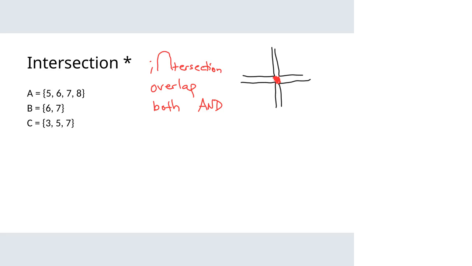So for example, if we wanted to find A intersect C, what we're looking for is, where's the overlap? What elements do they have in common? Well, they both have the 5, and they both have the 7. So the intersection, A intersect C, would be 5, 7. It's where they overlap. It's what they have in common, the elements that are in both sets.